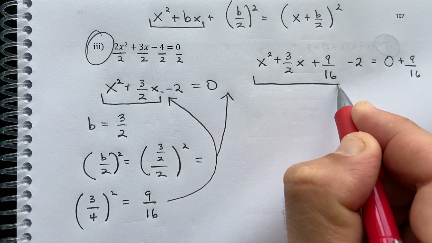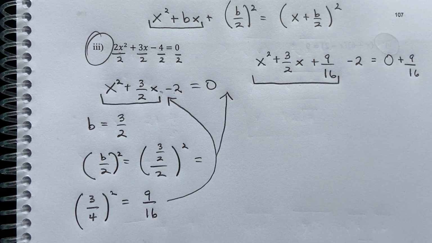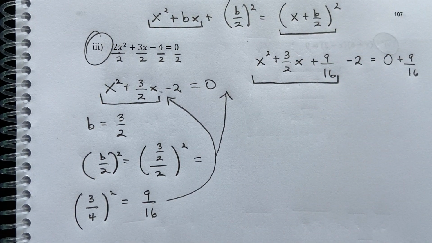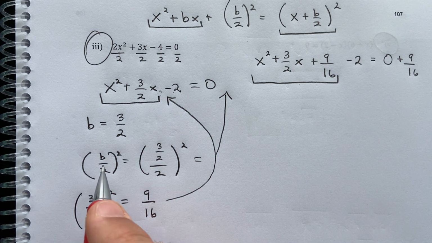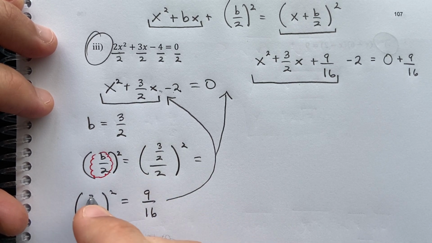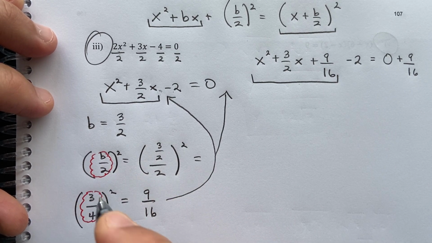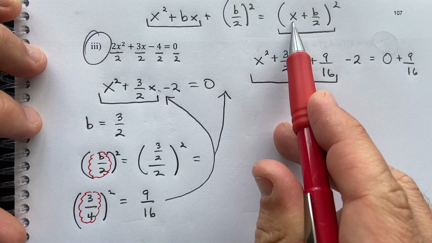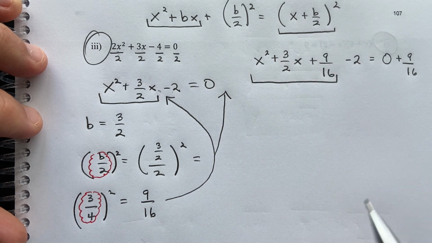So now this trinomial should factor, and it should factor as x plus half of b all squared. Half of b is this number right here. I'm going to factor this one a different way. The formula says it'll always factor as x plus half of b.